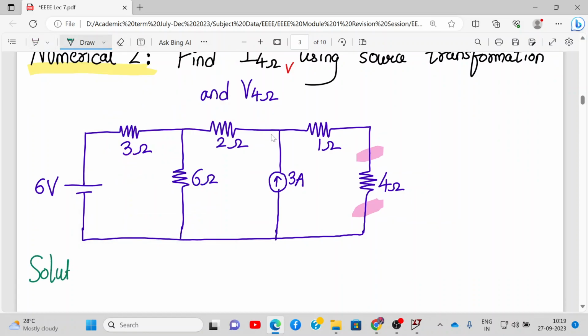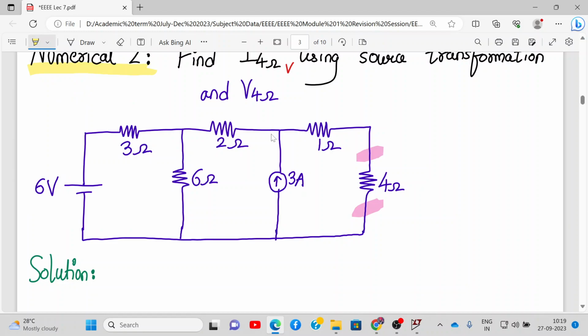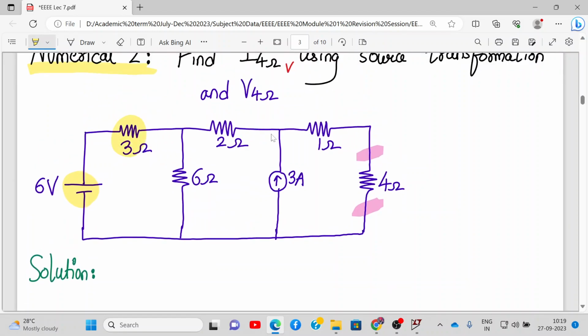All right, so what's the first thing over here? Start with the extreme opposite side to this 4 ohm resistance. What you see over here is a 6 volt voltage source in series with a 3 ohm resistance. So that gets converted into a current source with a parallel resistance.